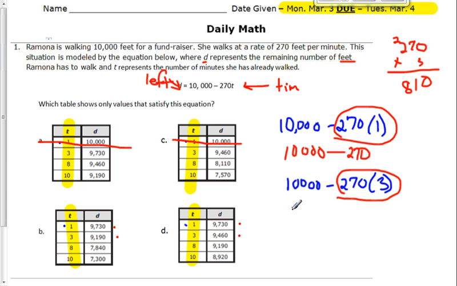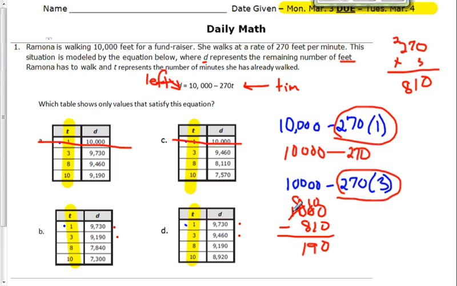So that means I'm going to take my 10,000 and subtract my 810. 0 minus 0 is 0. Have to borrow from that. That became a 9. And that became 10. 10 minus 1 is 9. And 9 minus 8 is 1.